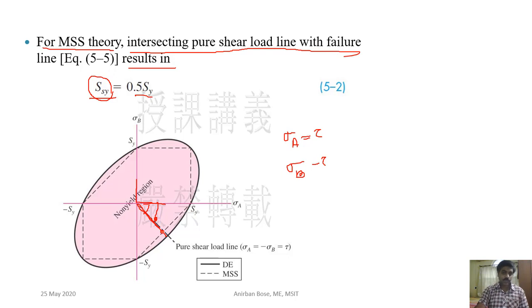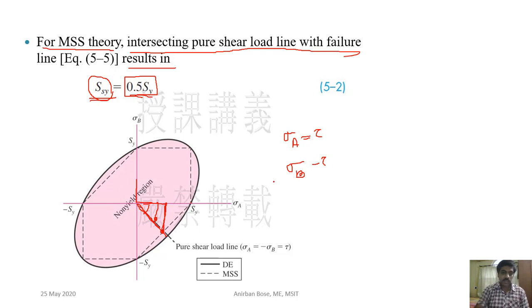Here this value is Sy, so this value is 0.5 Sy. This is the shear strength of the material corresponding to yield.